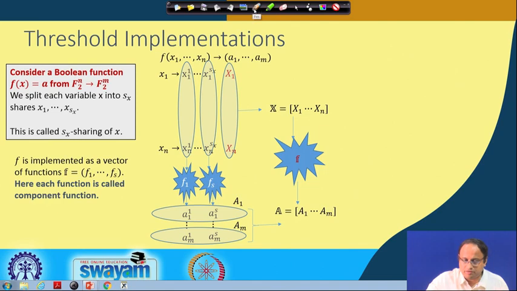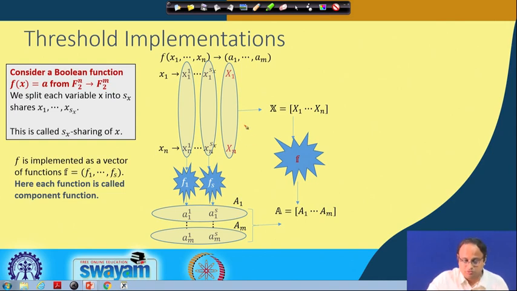Therefore, if I take an n bit input like x1 to xn, then I break up x1 into x11, so on. These are my individual shares. So, x1 has been broken up into x11 so on till x1 Sx. Likewise, xn has been broken up into xn1 to xn Sx.